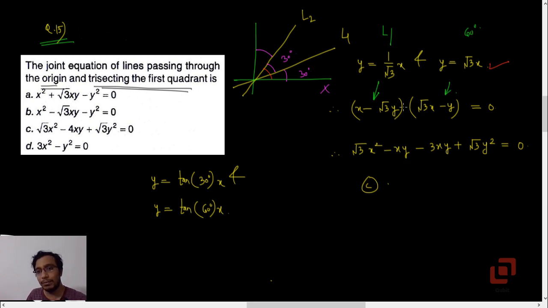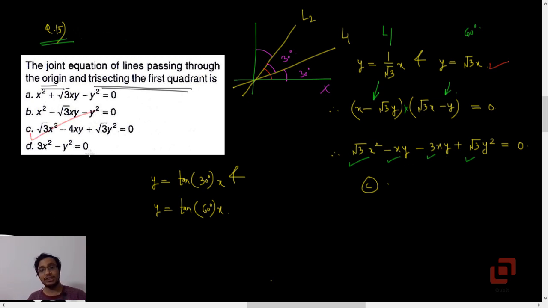Then you have to multiply these two brackets. x into root 3 x will be root 3 x squared, minus xy, minus 3xy, because root 3 into root 3 is 3, plus root 3 y squared equal to 0. So that is root 3 x squared plus root 3 y squared minus 4xy equal to 0, option C.